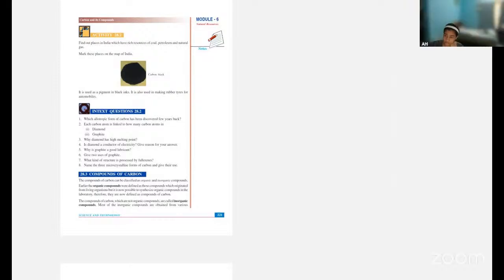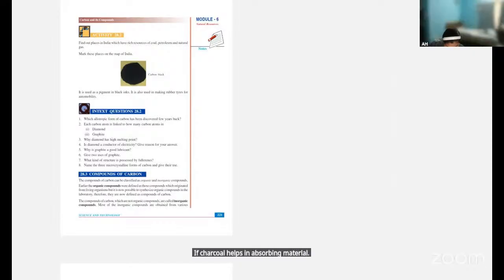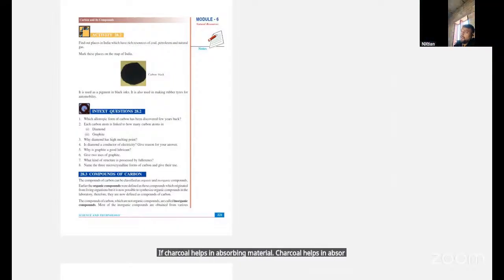Does charcoal help in absorbing material? Yes. Charcoal helps it absorb basically the odor or impurity.